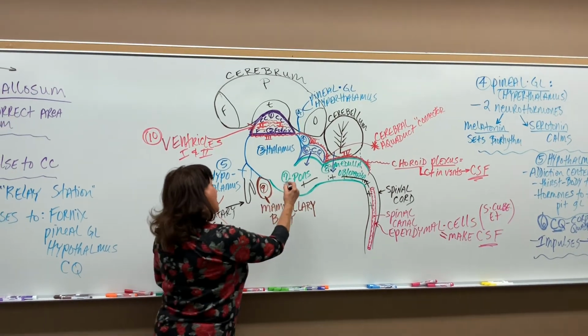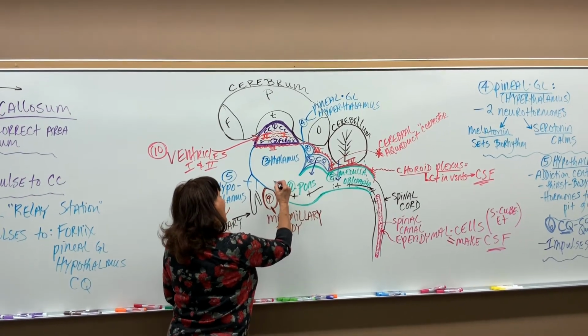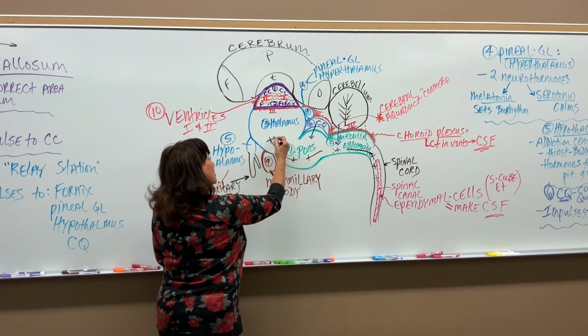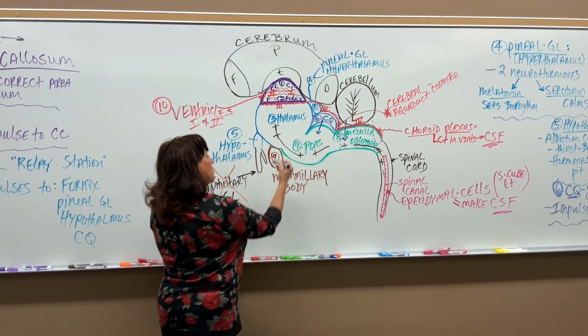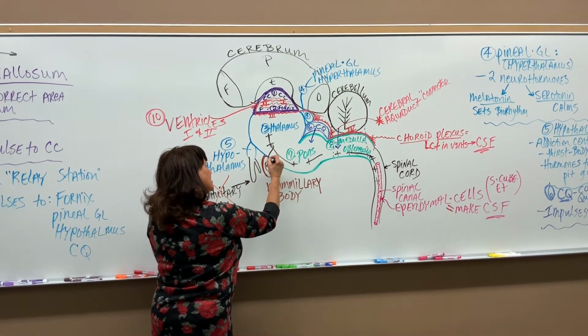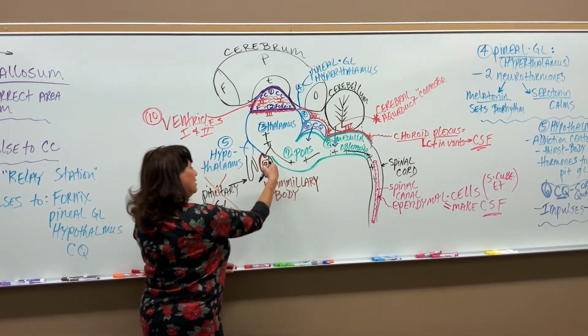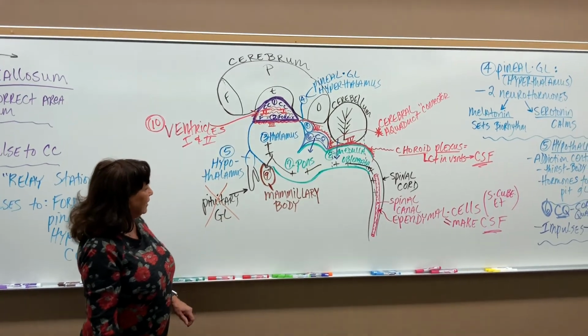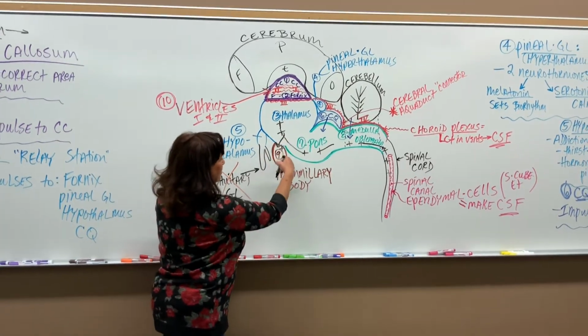All right, and now from the pons, here comes the electricity up to the thalamus, and the thalamus can send the electricity down here to the mammillary body.